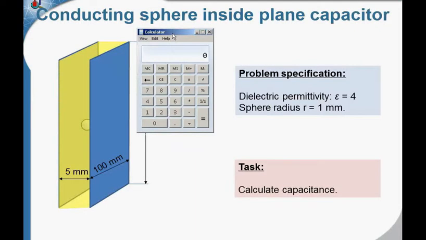In analytical solution, I should multiply the electric permittivity of the dielectric by the electric permittivity of the free space, multiplied by the plate area. 100 by 100 millimeters will be 0.01 square meters, and divide by the distance.